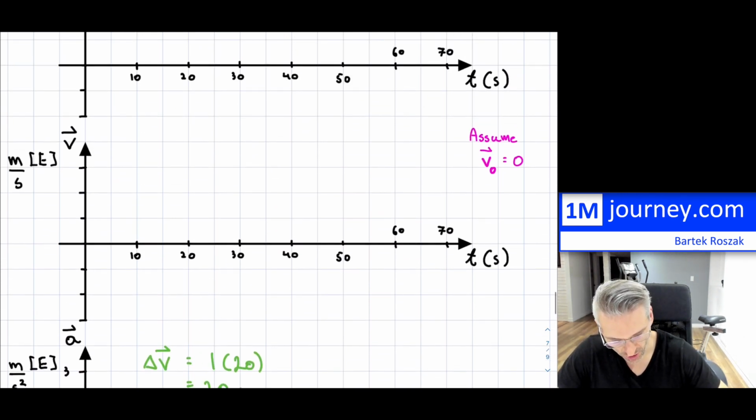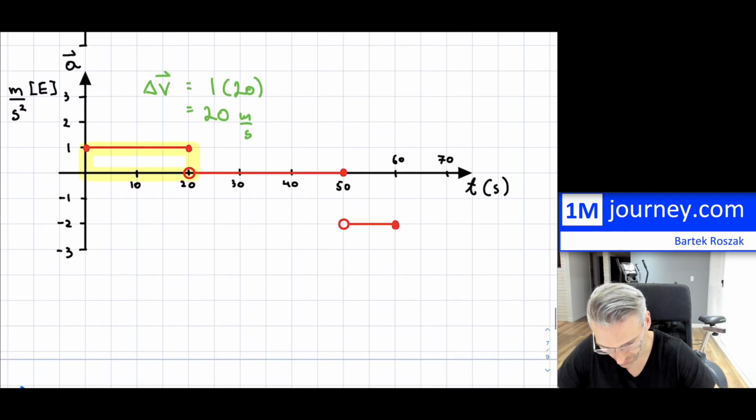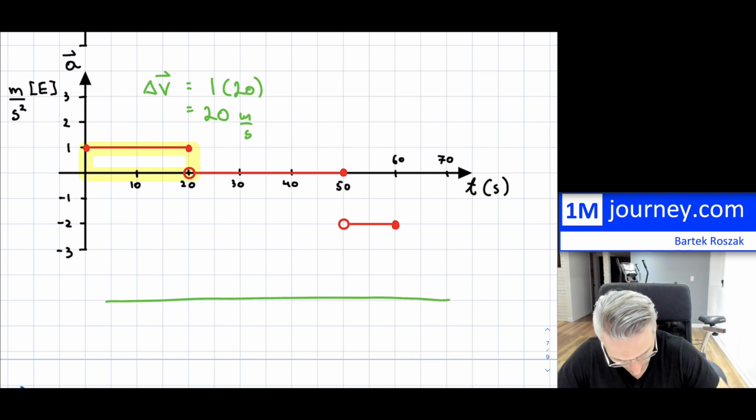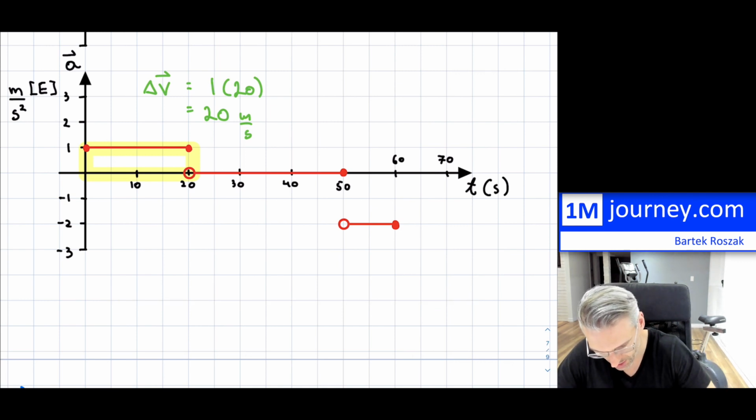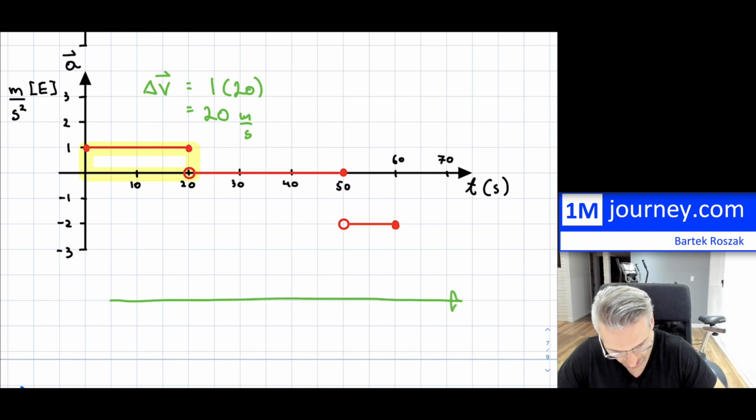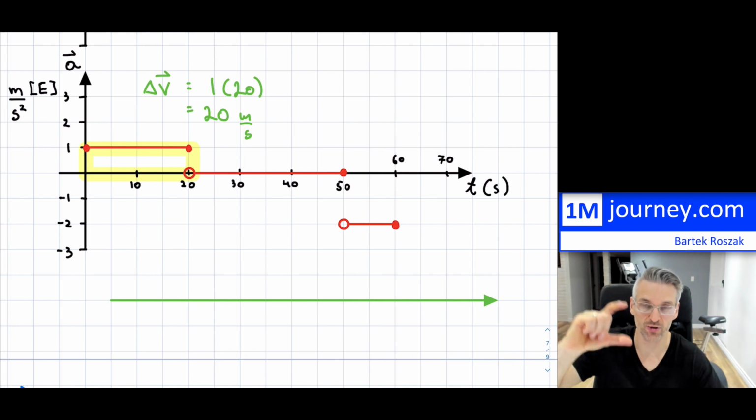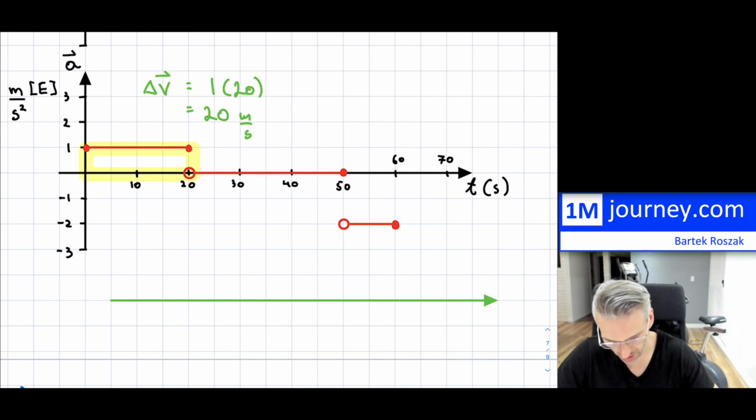Now, because we're starting from 0 right there, if I was drawing this out for myself, and I like to draw this all out before I start plotting it, especially when dealing with area, because I want to see how I should scale that particular velocity graph.